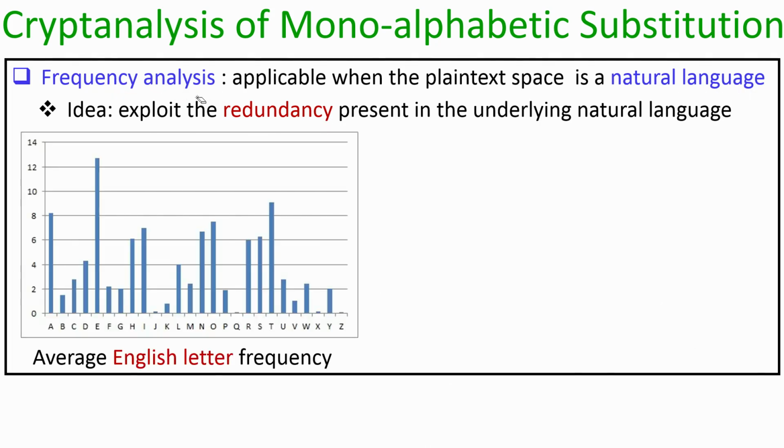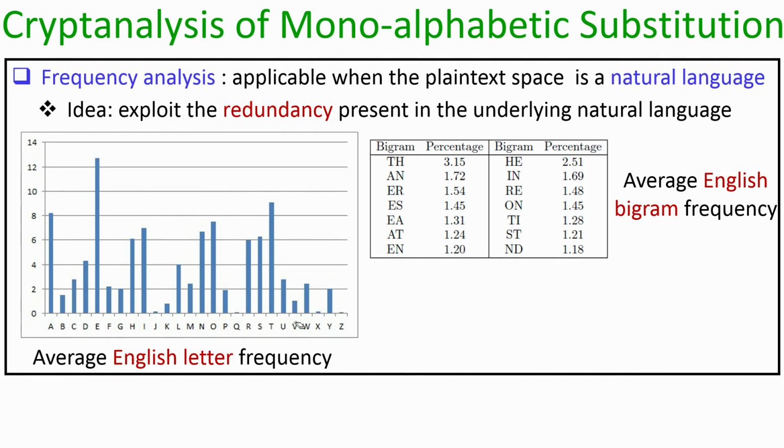If we consider long English text, then we know that on an average the character E occurs more frequently compared to any other character. In the same way, we know on an average in long English text the character T occurs more frequently compared to the character U, and so on. Not only do we have the average English letter frequency available for long English text, we also have the average frequency of English bigrams in long English text.